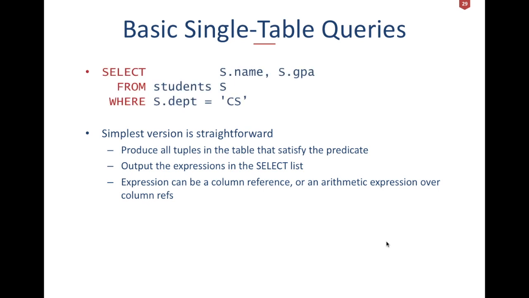We'll see examples of both in this example. You have select two columns from student as s, where s.department, that's the predicate part, is equal to computer science, and this will show me only these two columns of this selection where the department is computer science.